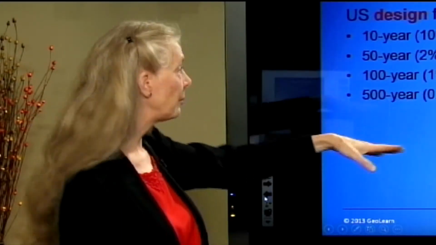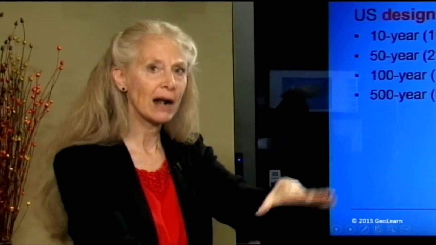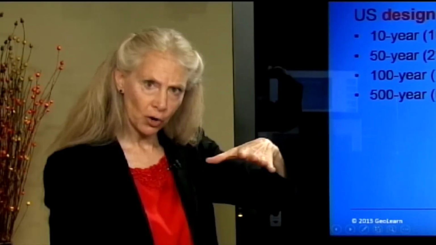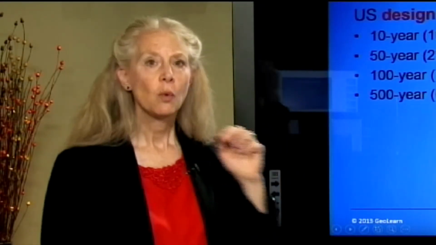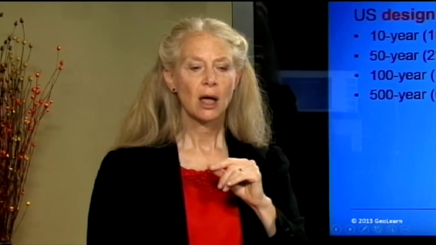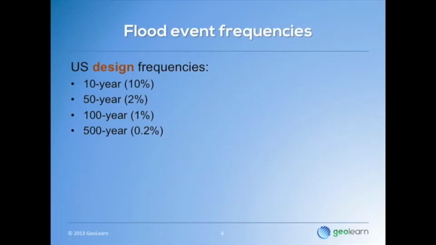In terms of probability, we're talking about a 10% annual chance occurrence of that level of water, both vertically and horizontally. We talk about the 50-year flood, which is a 2% chance. We talk about the 100-year flood, the 1% annual chance, and we talk about the 500-year flood, or the 0.2% chance.